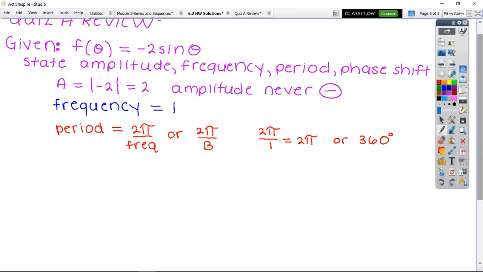No, so phase shift is 0. So I'll just take that and then move on to the next. Phase shift, you don't have one. You can say none, you can say 0. All set. How do we feel to stating all of those features? Pretty good? Okay.